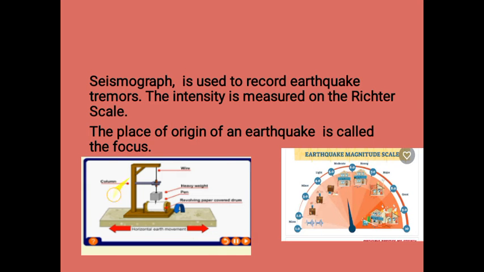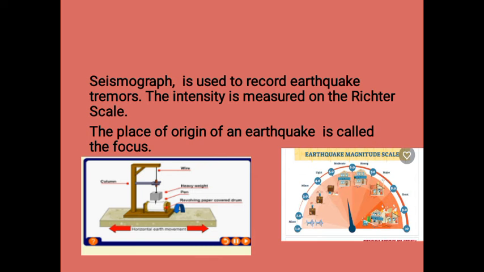The magnitude or intensity of an earthquake is measured on the Richter scale.